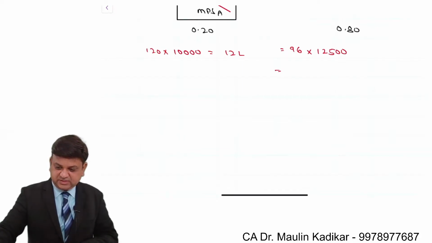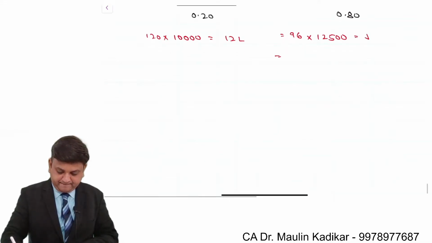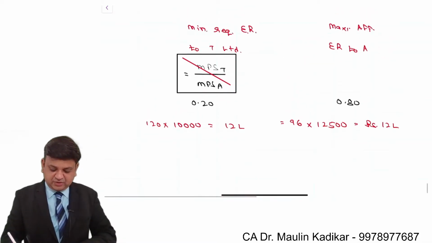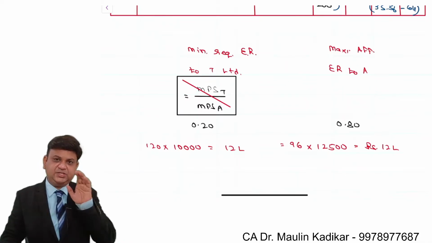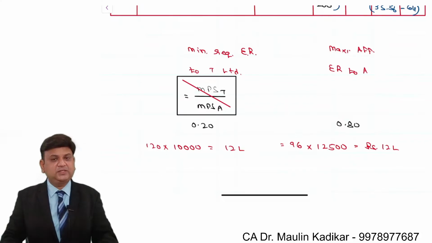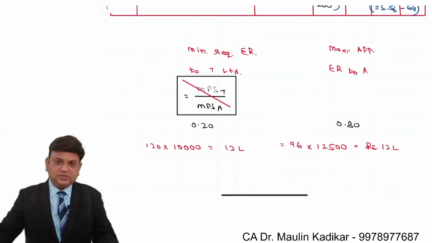So the answer is an amount of rupees 12 lakhs. That is the way we can make the computation of the reconciliation, that why the other company is able to make the profit because of the synergy gain, and it is exactly equal to the amount of the gain. This is what we understand.